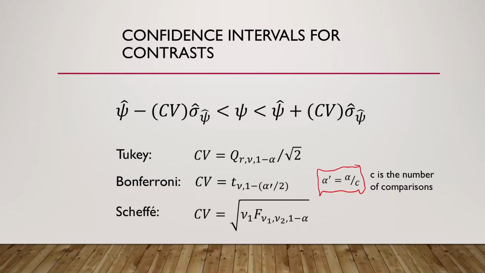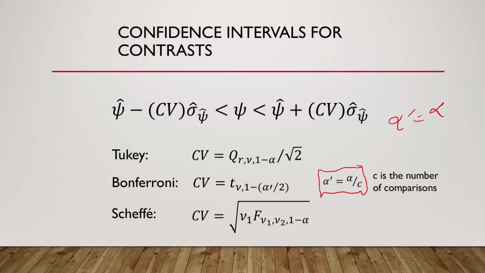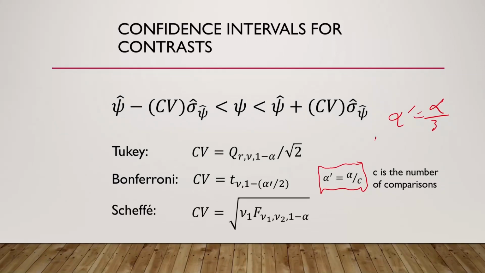If I set alpha prime equal to alpha over 3, that means that for the first contrast, your type 1 error rate could maximally be alpha over 3. For the second one, your type 1 error rate could be alpha over 3. And for the third one, your type 1 error rate could be alpha over 3. And if you add all those together, that equals alpha.